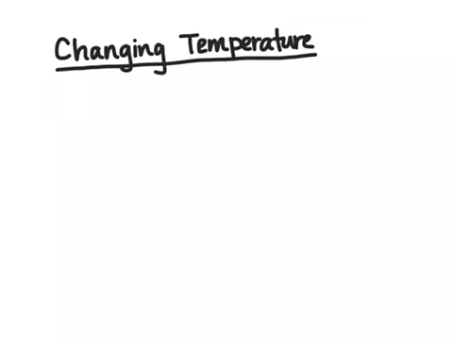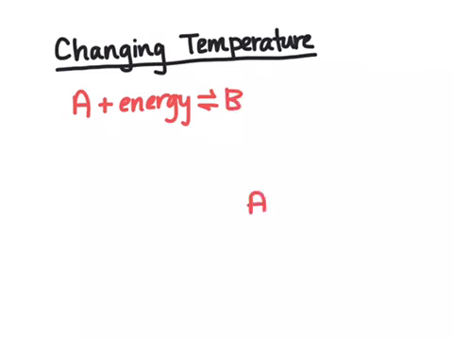The next stress we're going to talk about is temperature change. In order to know temperature change, we have to know if a reaction is endothermic, so energy is a term on the reactant side, or if our reaction is exothermic, where energy is a term on our product side.